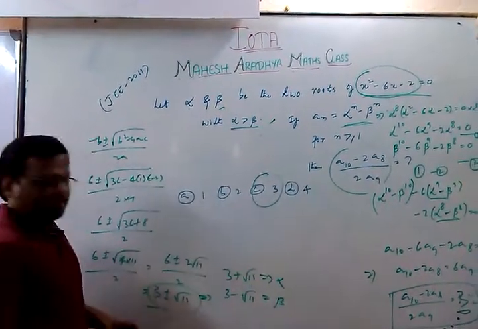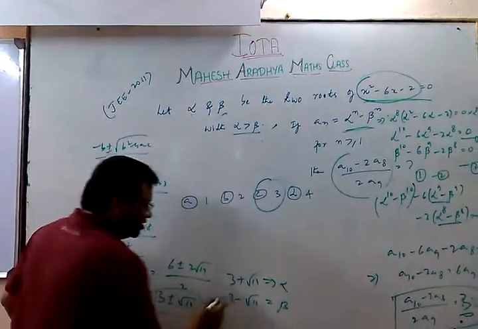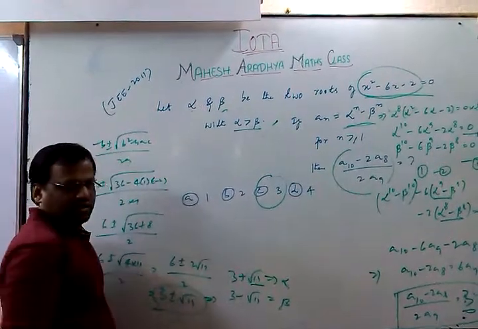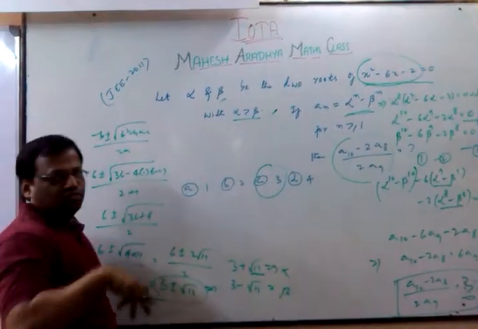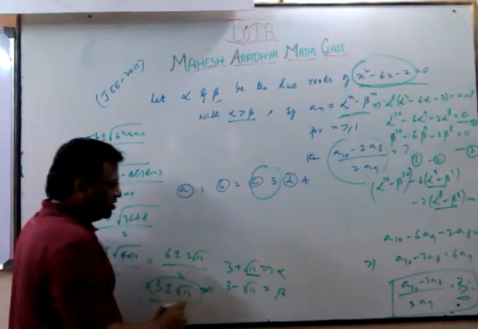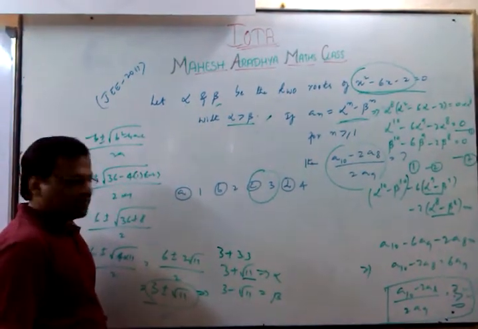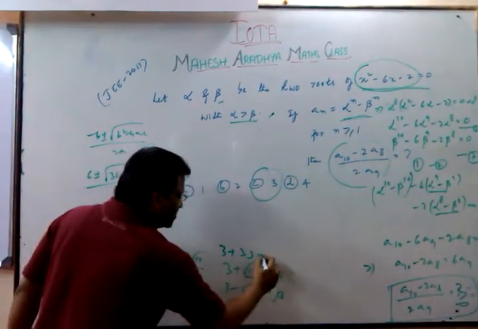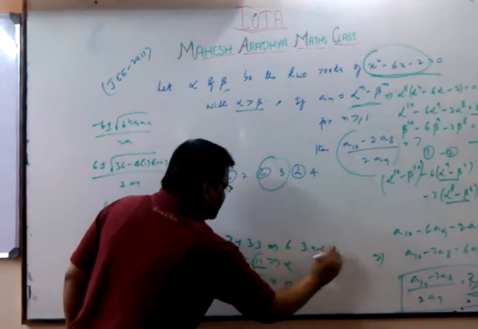Here you should go for the approximation technique. What is the approximation technique? What can be the possible value of root 11? Root of 9 is 3, root of 16 is 4. So root 11 is between 3 and 4. I can take 3.3, and there is no harm in that. So the approximate value of alpha will be 6.3.